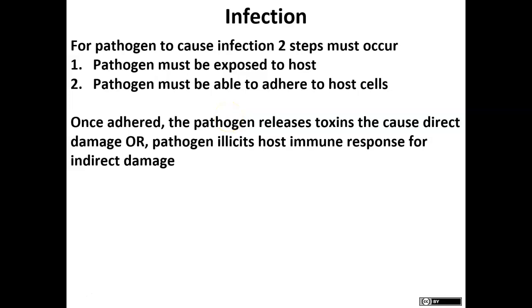So for pathogens to cause infection, they first have to be exposed to the host, and then they have to be able to adhere to the host. Once they have adhered, the pathogen releases toxins into our system that cause direct damage, or the pathogen stimulates the immune response, which causes indirect damage.